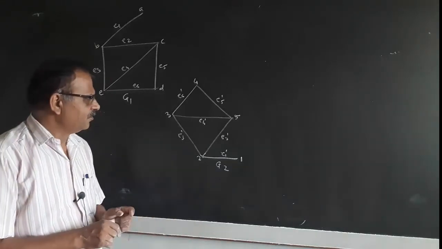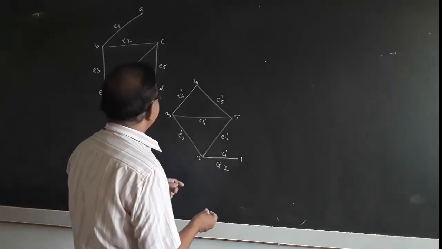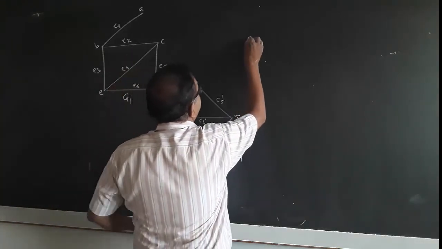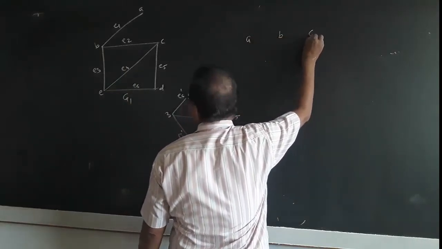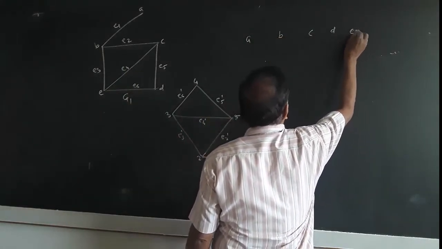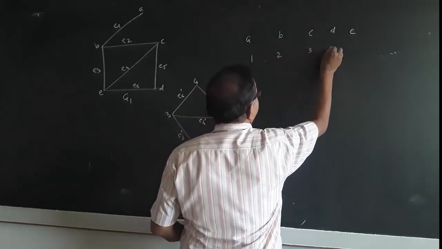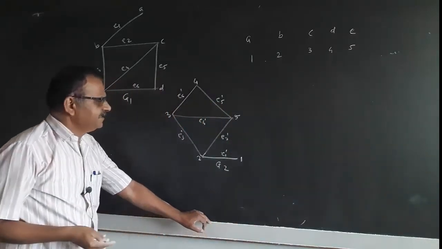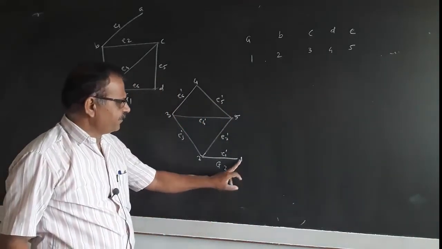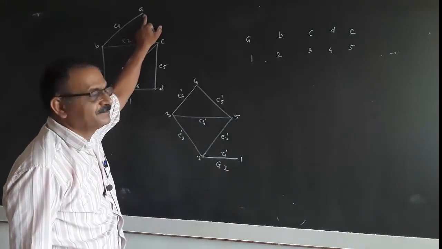Now, we only have to check the incidence relationship. Vertices are A, B, C, D and E, and 1, 2, 3, 4, 5. Now see, vertex 1 is a pendant vertex and vertex A is a pendant vertex.